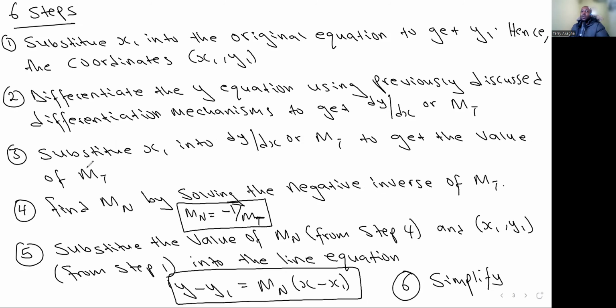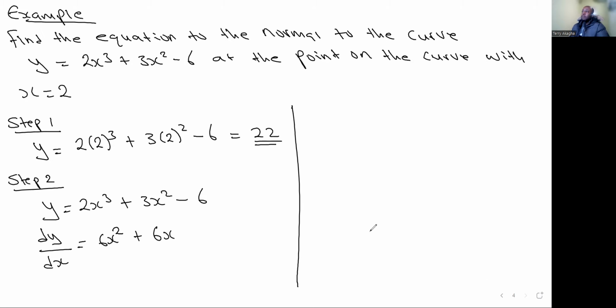Now the next thing, we're told that we have to substitute x1 into dy over dx, or mt, to get the value for mt. Remember, dy over dx is the same thing as mt. We talked about this in the previous video, all right? So now we want to get the value for mt. This is step 3.